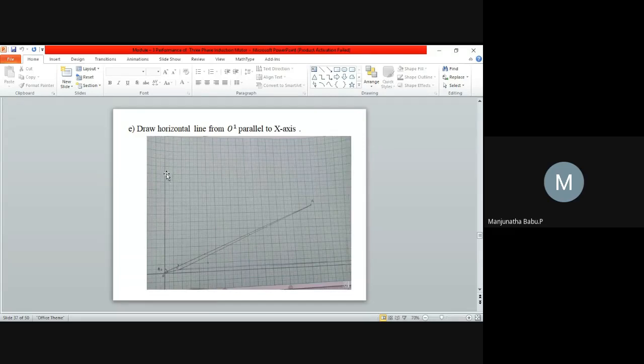Now draw a horizontal line from O dash parallel to the x-axis. Okay, this is your x-axis. From O dash, draw one horizontal line parallel to the x-axis.